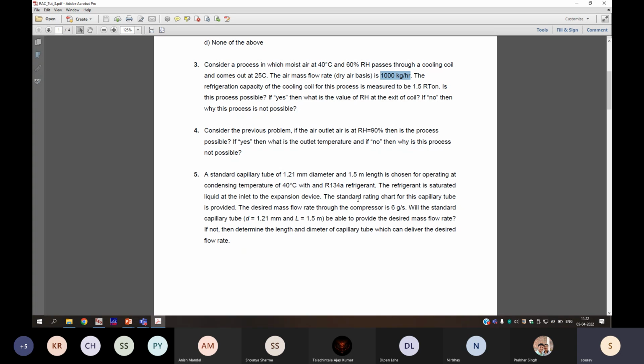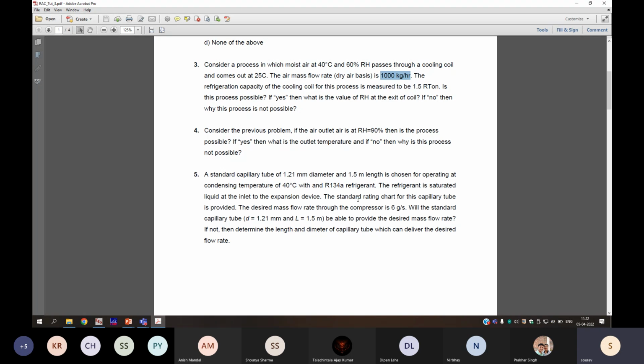Basically, it is saturated liquid at the exit of the condenser. The standard rating chart for this capillary tube is provided. The desired mass flow rate through the compressor is 6 grams per second. Will the standard capillary tube of this diameter and length be able to provide the desired mass flow rate? If not, then determine the length and diameter of the capillary tube which can deliver the desired flow rate.